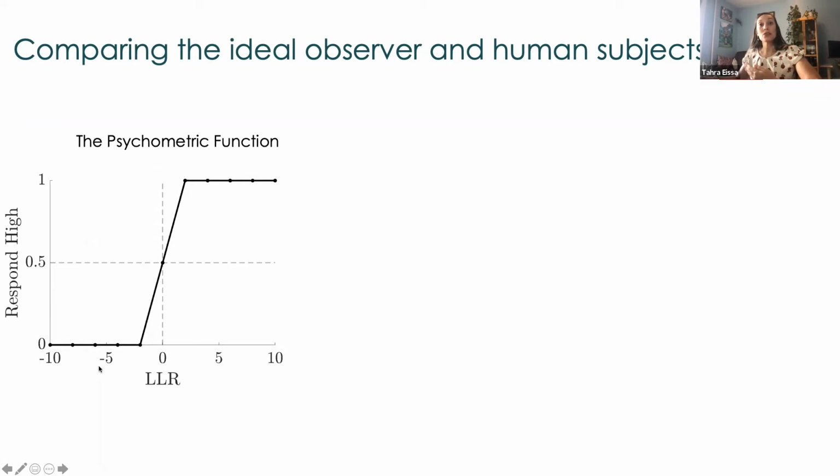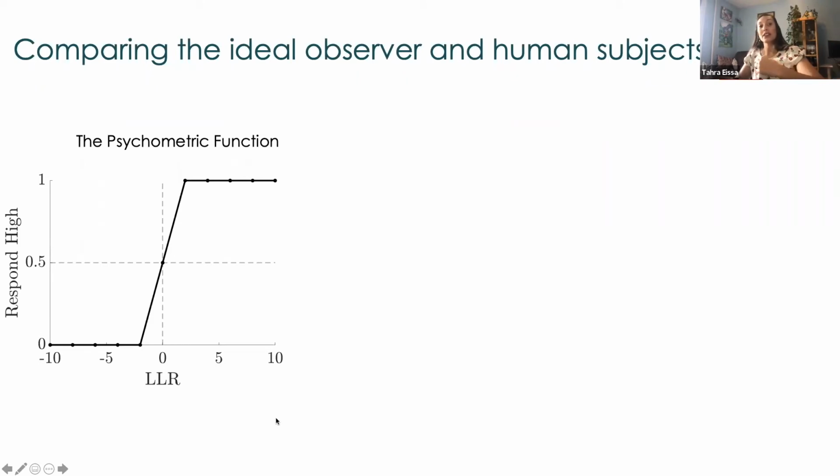What this means for an ideal observer is that they're always going to respond in favor of the low jar when it is negative, so respond high jar 0% of the time. At 0, it's going to guess because the LLR is uninformative. And when it is positive, we're again going to always respond in favor of the high jar. So this is what an ideal observer's psychometric function would look like.